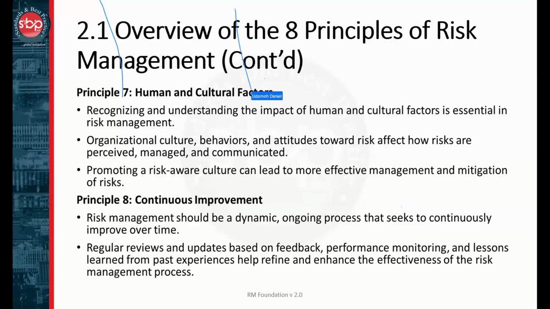So it means that you want to ensure that everybody is aware. You improve their risk culture, and so maybe you have some sort of trainings or awareness, so that everybody understands, right? You're able to promote the risk awareness culture, so that it will lead to more effective risk management within the organization. You need people to manage risk, right?